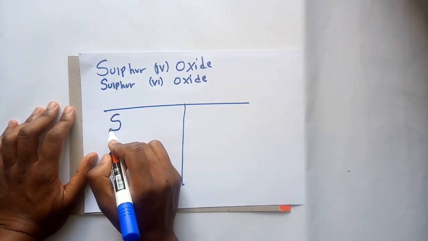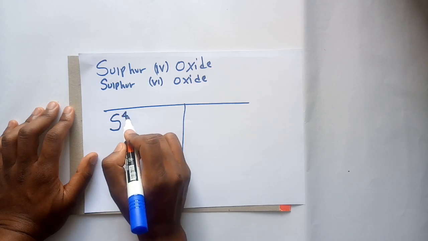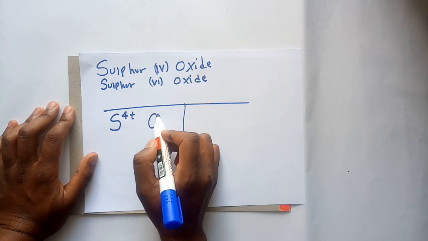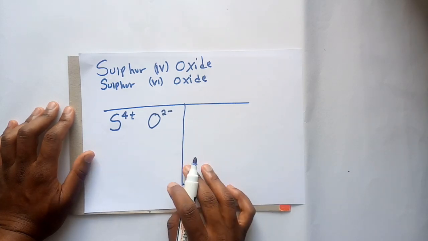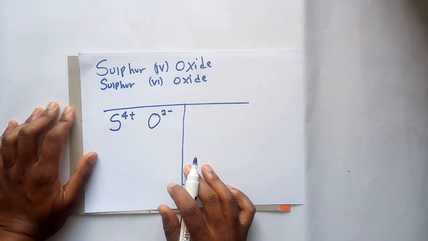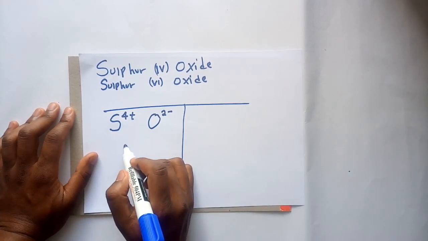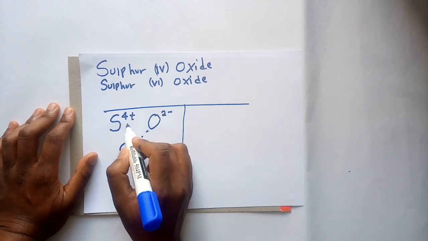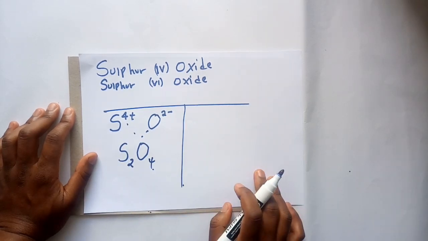That means that sulfur has a charge of 4 plus, and oxide is always 2 minus. As we said, you exchange. This one becomes 2 and this one becomes 4.